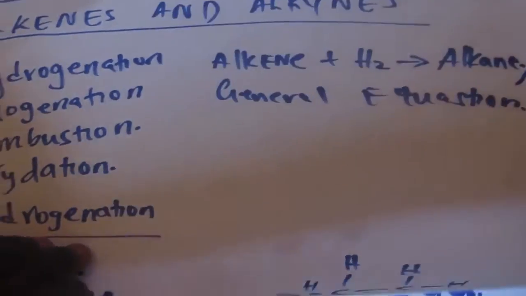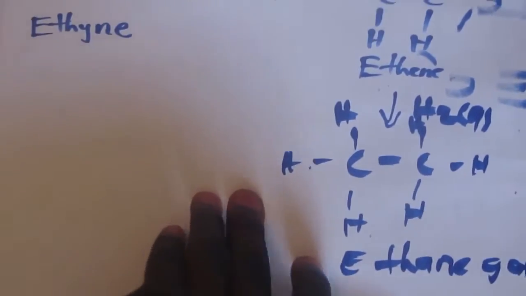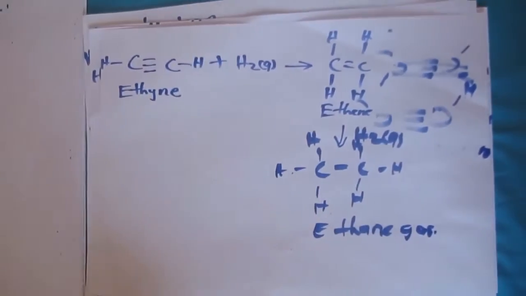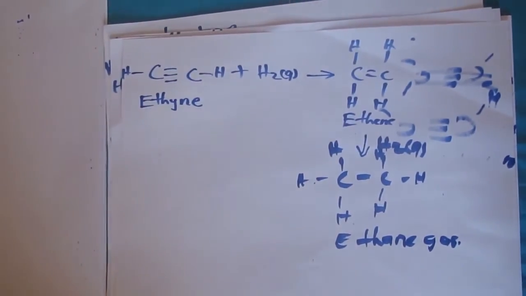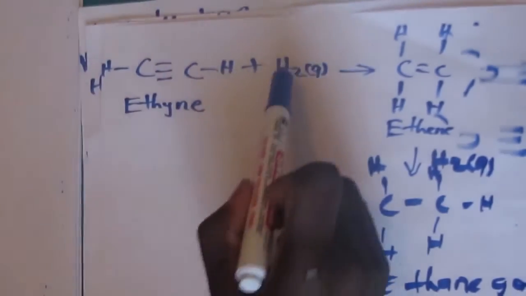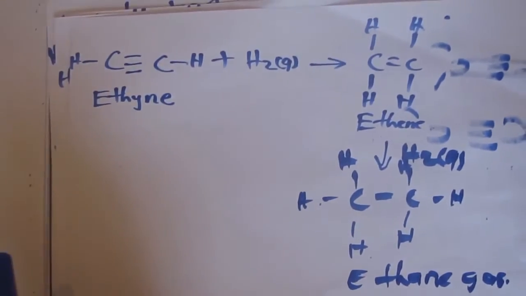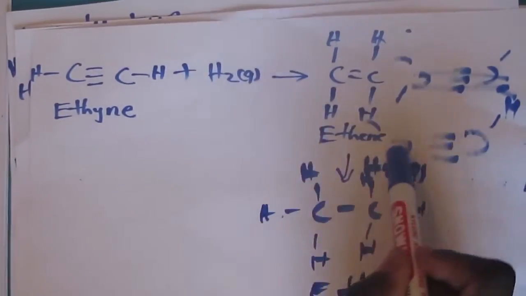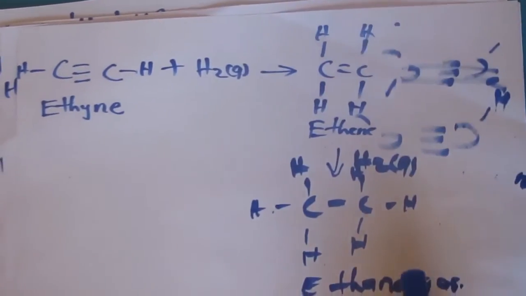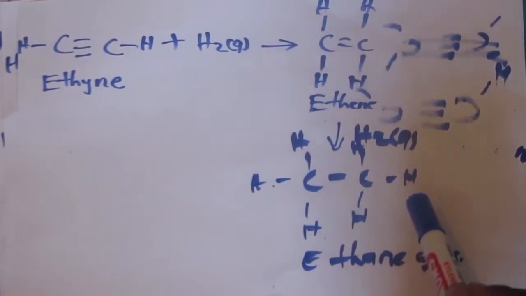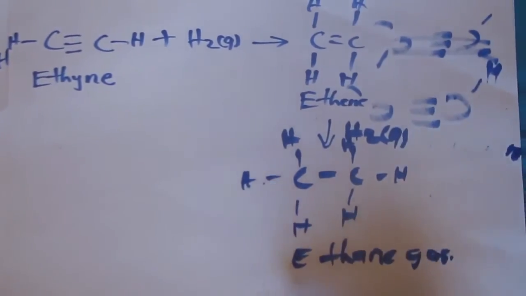Now, for the sake of alkynes, an alkyne like ethyne, when you react it with hydrogen gas, you first of all obtain an alkene, which is ethene. Then you add another hydrogen gas, you obtain an ethane.